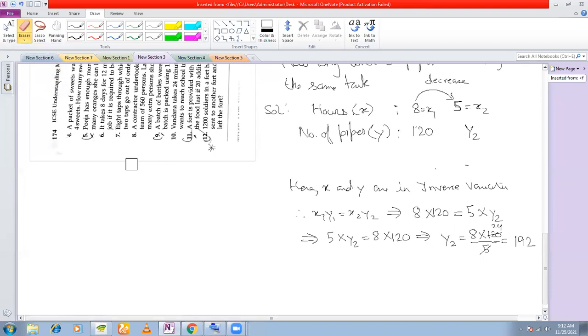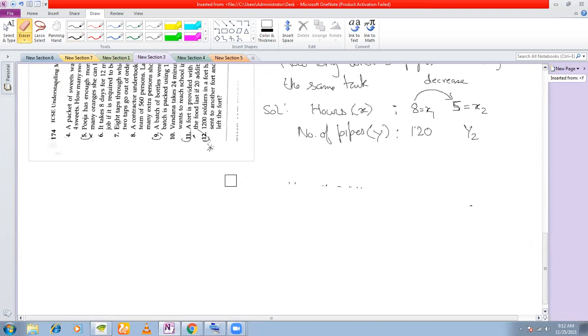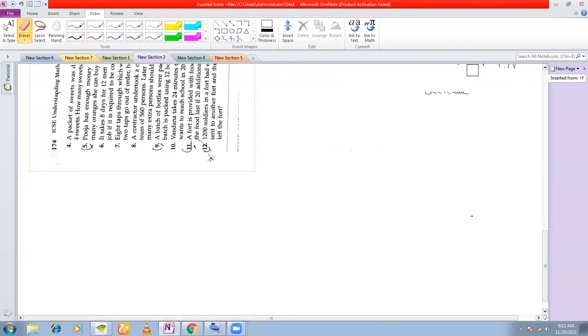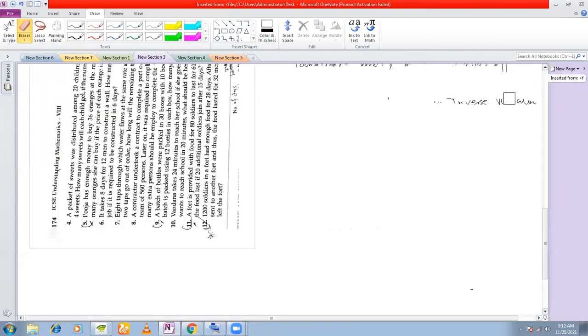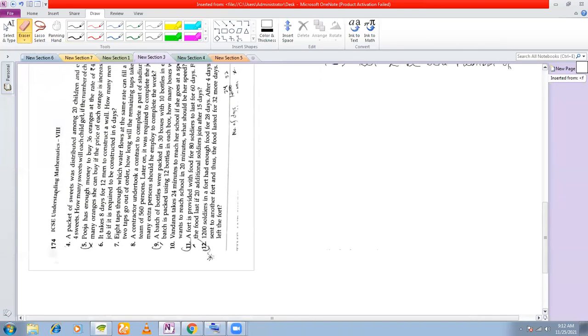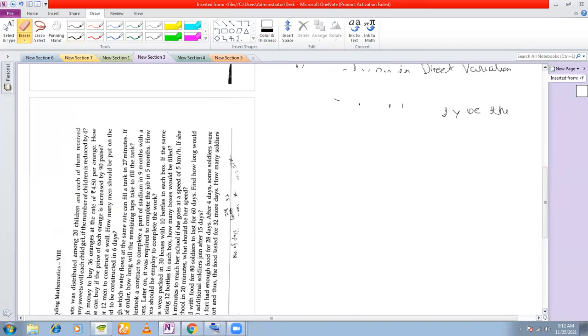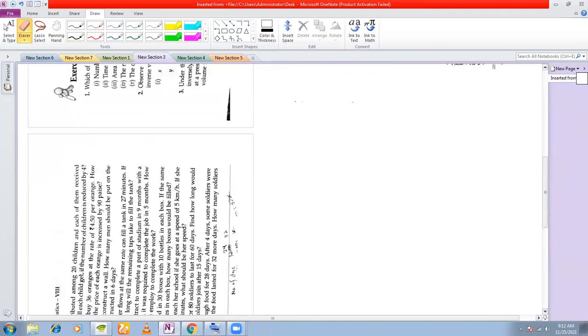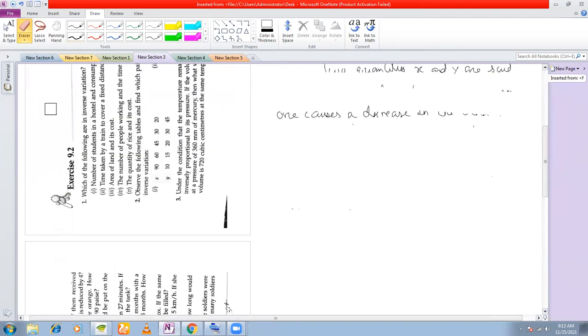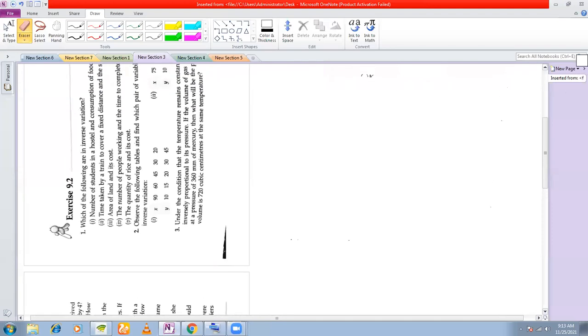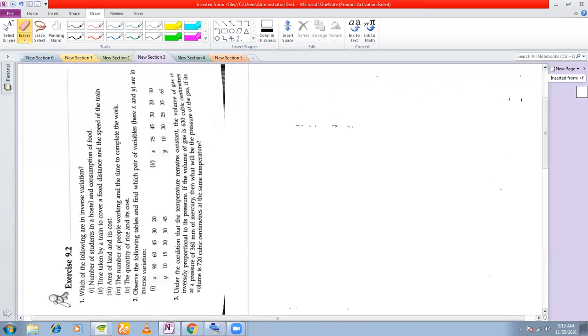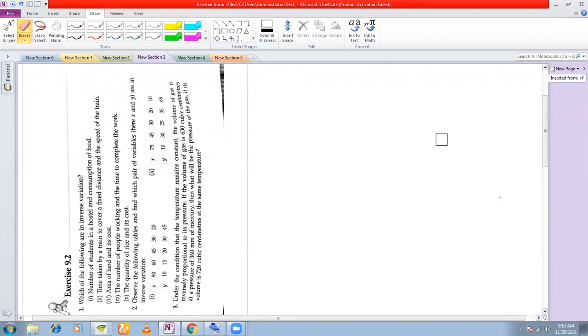So we move on to the next problem. Look at 2 part 1 and 2 part 2. Observe the following tables and find which pair of variables, here X and Y, are in inverse variation.